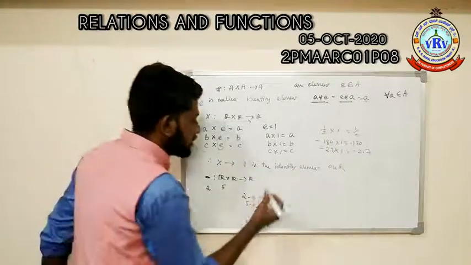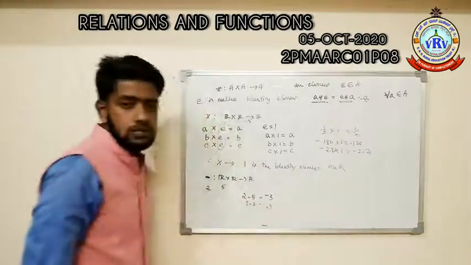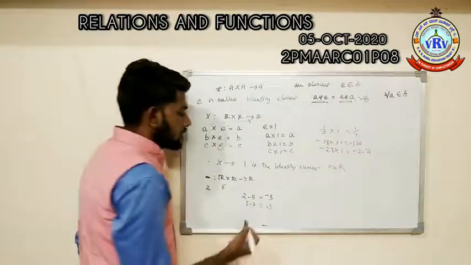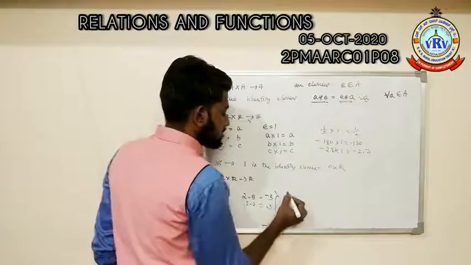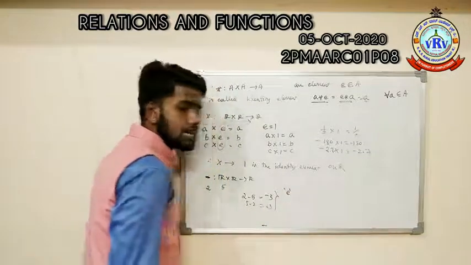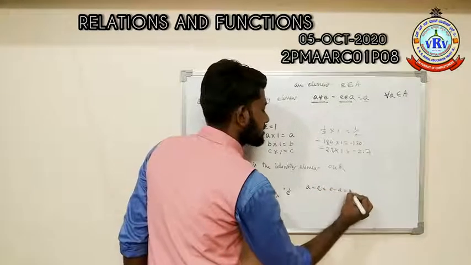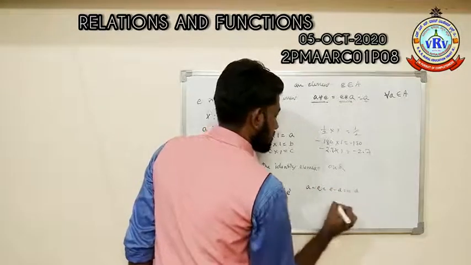Here the condition is failed. 2 minus 5 is not equal to 5 minus 2. In this kind of case, you are not getting one element satisfying a minus e equal to e minus a equal to a.